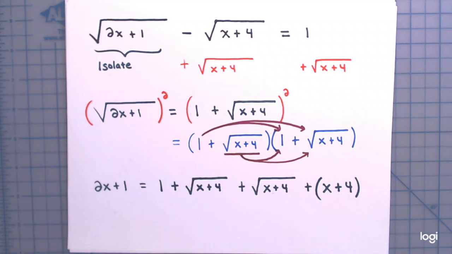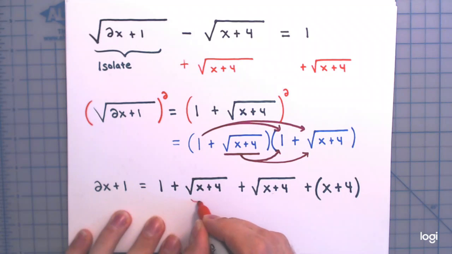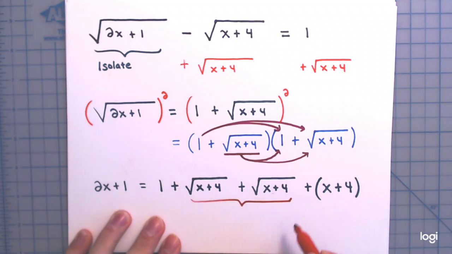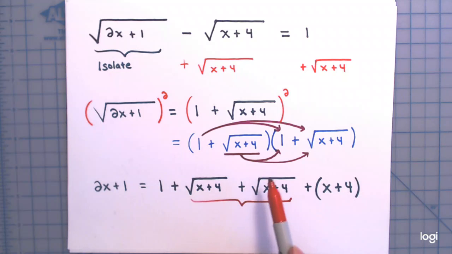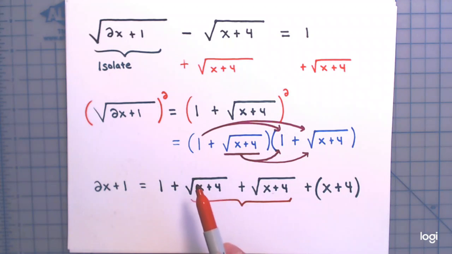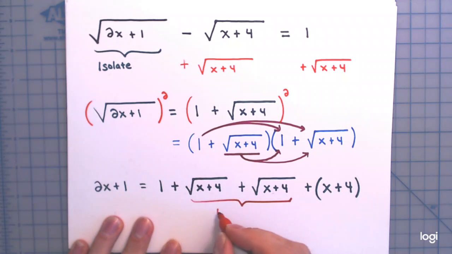All right, and some things I'm noticing. These two terms are like radicals. This is 1 times the square root of x plus 4 plus another radical term, the square root of x plus 4. You see how they're both square roots, and they both have the same index and the same radicand.